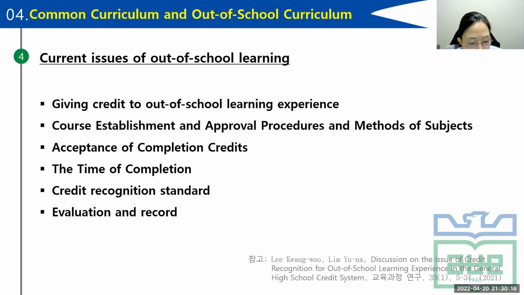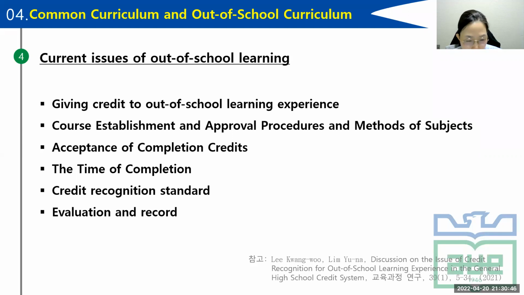It is advantageous that the high school credit system aims to expand self-directed learning and subject choice according to students' career and aptitude. But it is a problem of the high school credit system that it may be difficult for students to open all the subjects they want to run in the unit school.